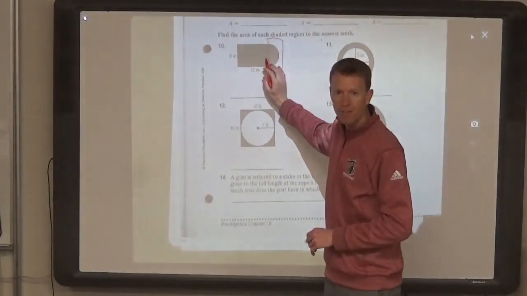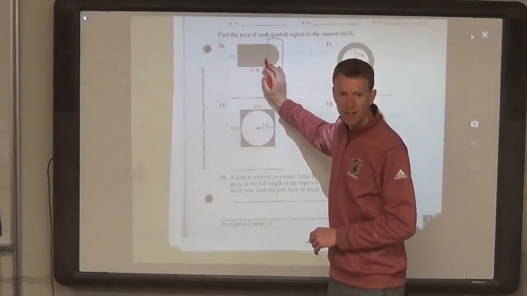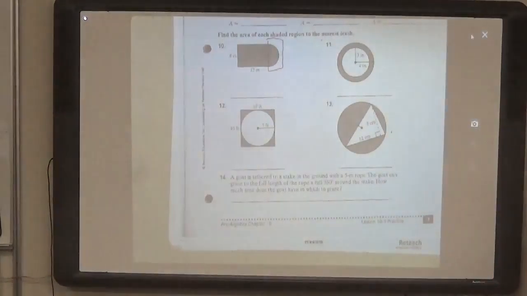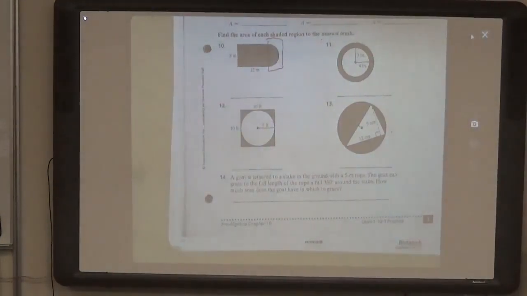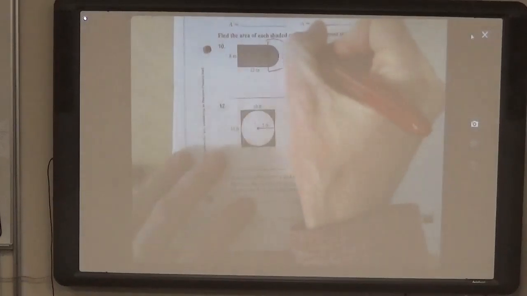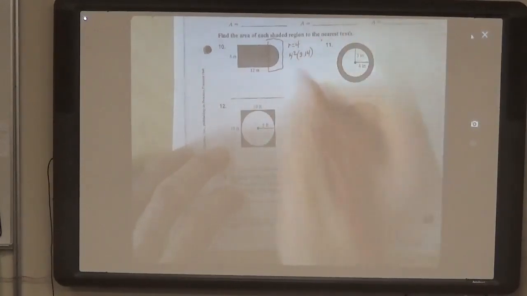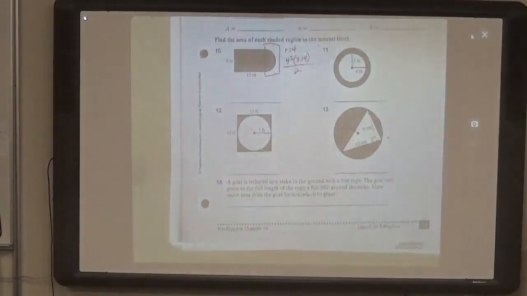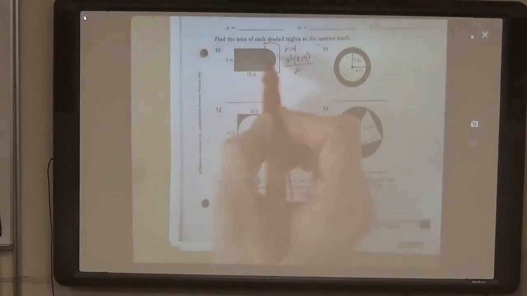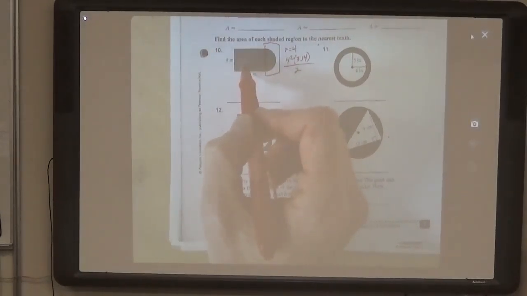We have to find half of that. 4. Square it. 16. So the radius is 4. 4 squared times 3.14. And then we have to divide it by 2 to get the half circle. Once we have the half circle, then we have to find the area of the rectangle and add them together.